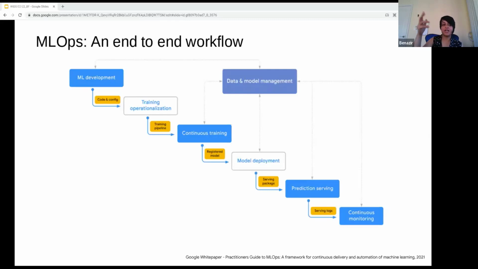So the training pipeline will take new data and retrain a model. And then, of course, once you retrain, you evaluate it and it meets whatever your evaluation criteria is, you can put it into production.